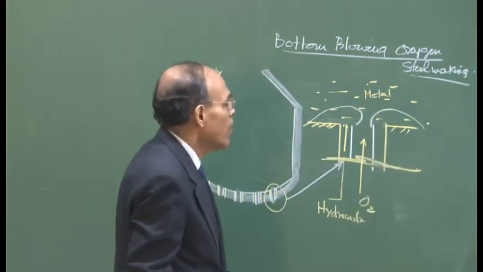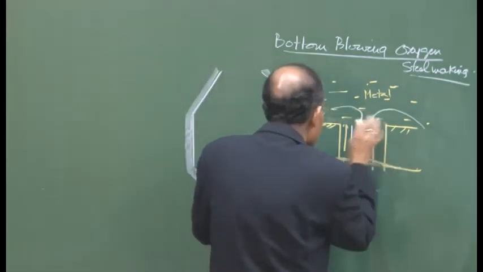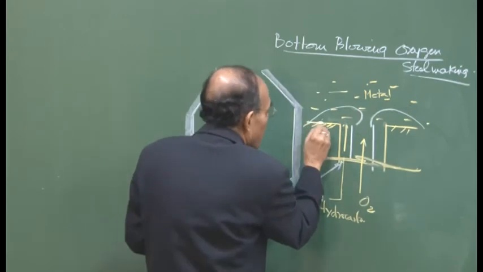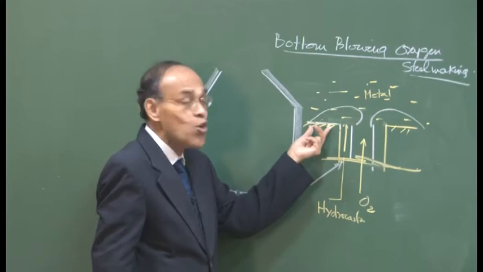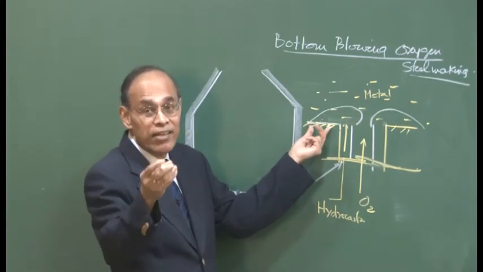So, these are molten metals which are solidified here, and for solidification you require additional surface area, as you all know. So, the refractory is a good nucleating site. Okay.